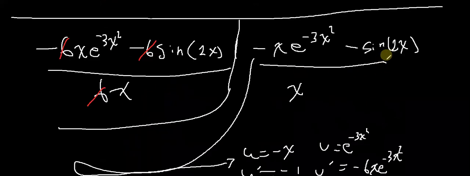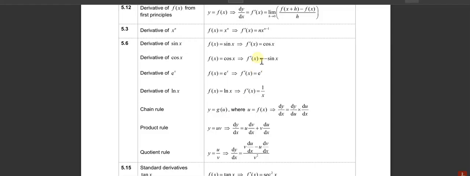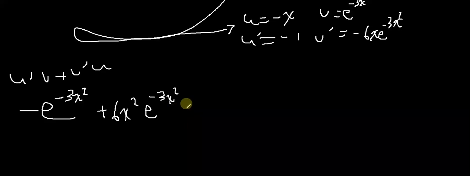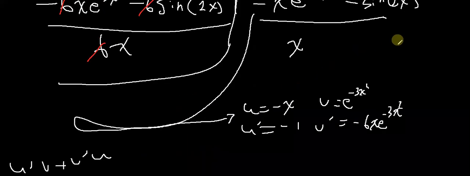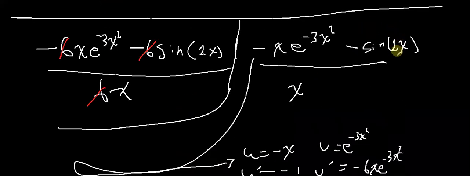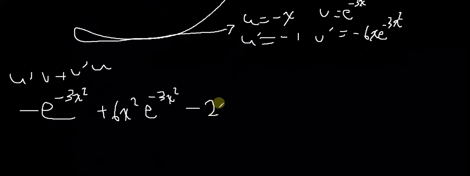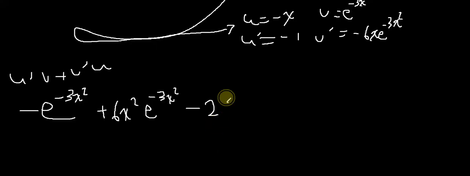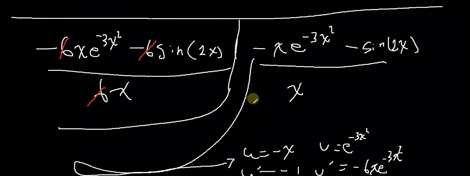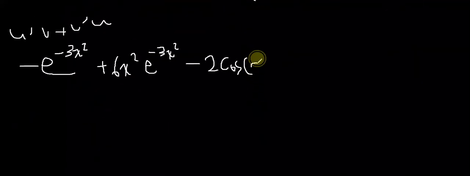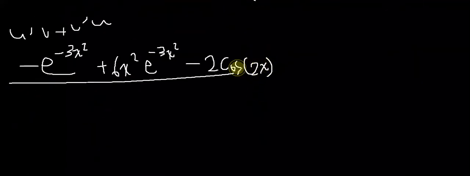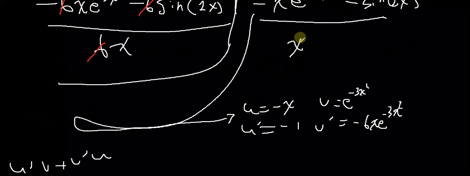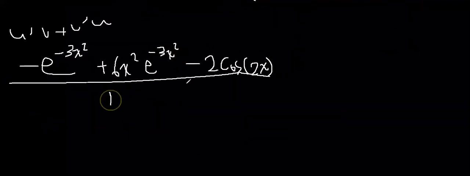Now the derivative of negative sine is negative cosine, and we add the 2 because that's the derivative of 2x. So minus 2 cosine of 2x. And finally, the derivative of x is just 1, so over 1.